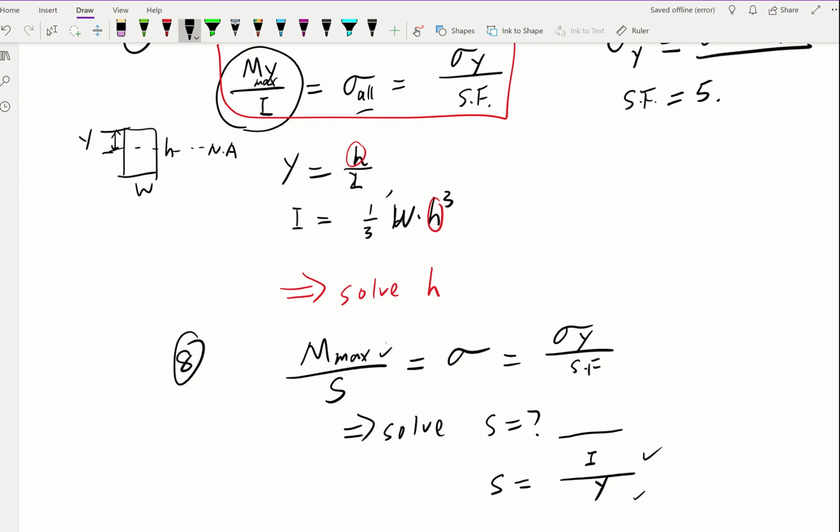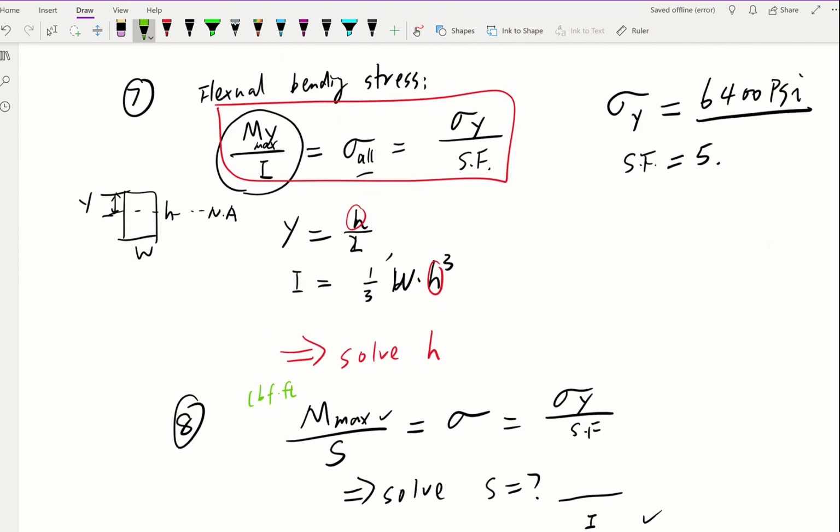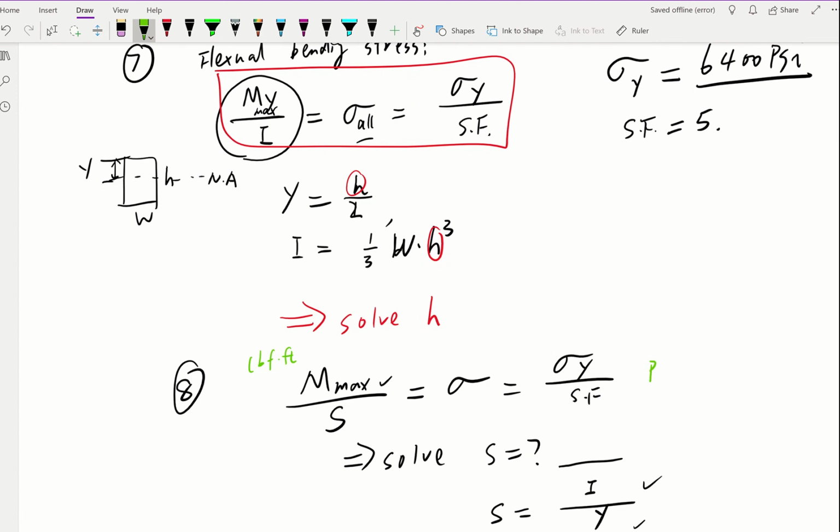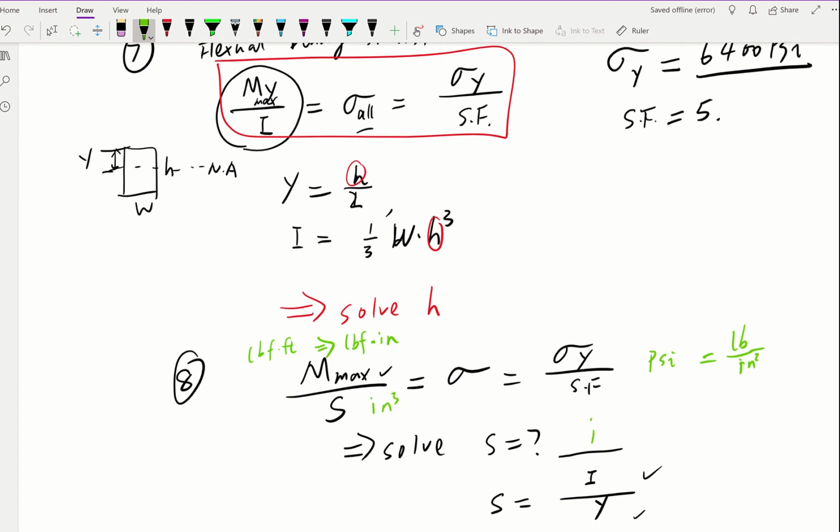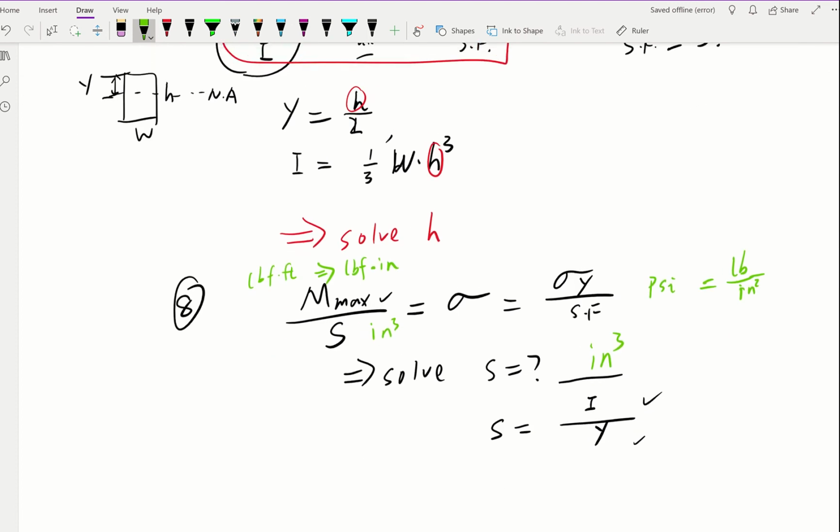So if you are going to use maximum bending moment using pound-foot, and this yield strength, since it's in PSI, so that's going to be in unit of PSI. So I will go ahead and change this maximum bending moment to pound-inch. So knowing that, in order to get pound per square inch, then you will get your section modulus of what? In unit of inch cubed.